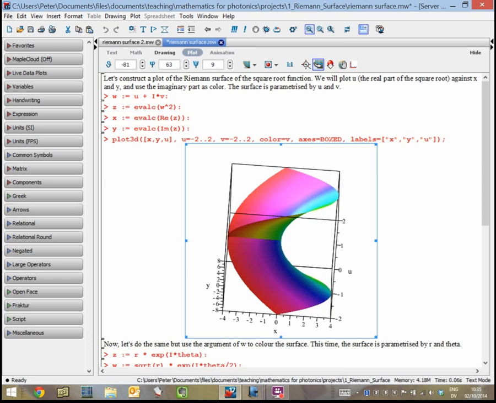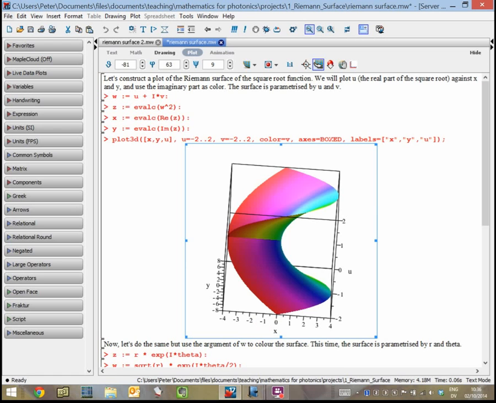I hope you can see that for each value in the horizontal plane here given by x and y, for each value of z, you have two different values of w, of the square roots, namely one lying here, one with positive values of u, and also another result with negative values of u.